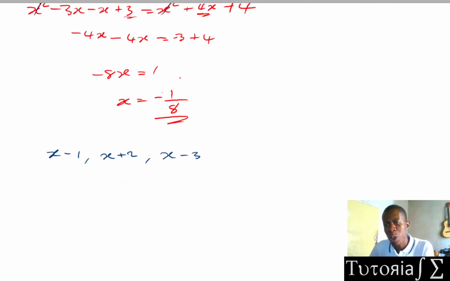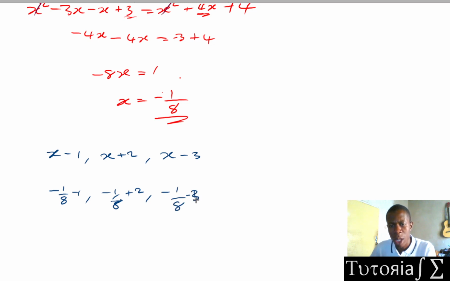Yes. So now you put in the value of x. So that would be x, which is negative 1 over 8 minus 1, comma negative 1 over 8 plus 2, comma negative 1 over 8 minus 3. So you simplify that and you're going to have your geometric series. So simplifying this will be what?